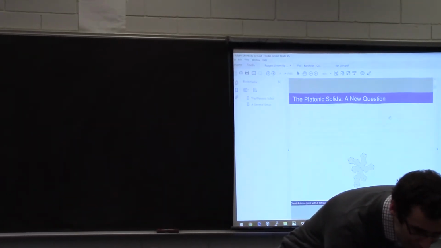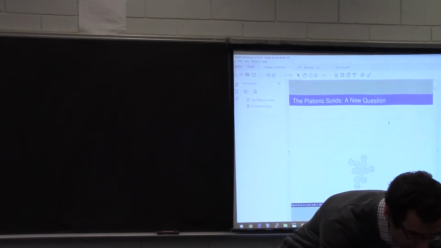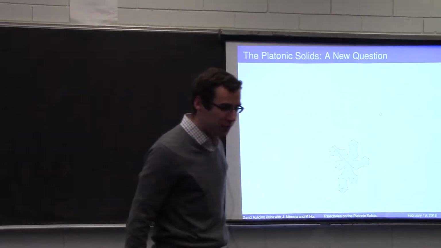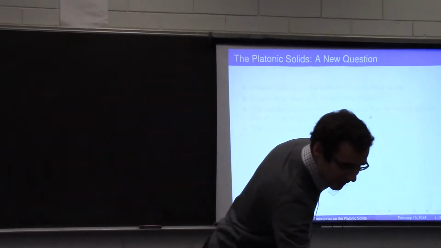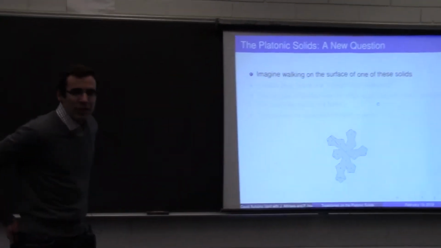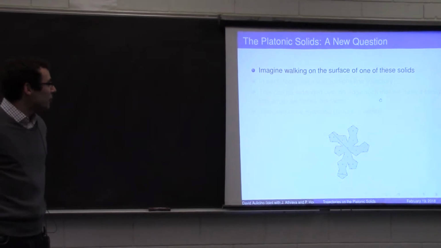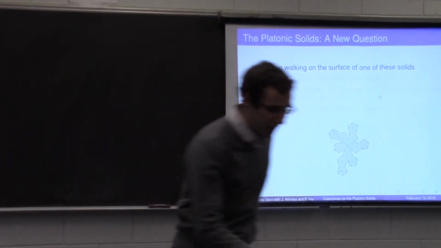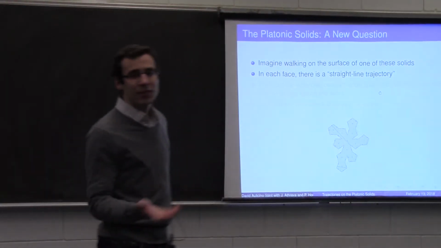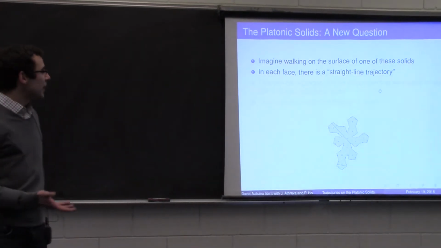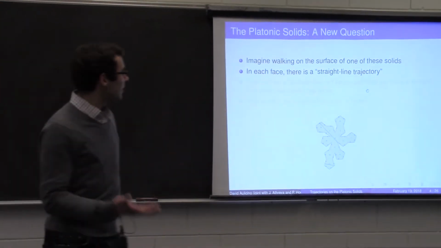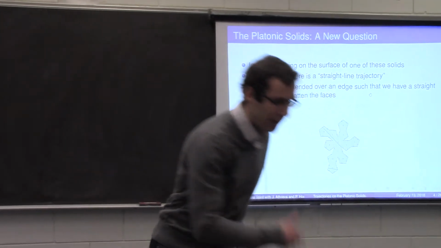Now let me go towards a new question. Imagine we're walking on the surface of one of these solids. Within each face, it's clear that there's a straight line trajectory. So now we need to figure out what it means if we pass over an edge.